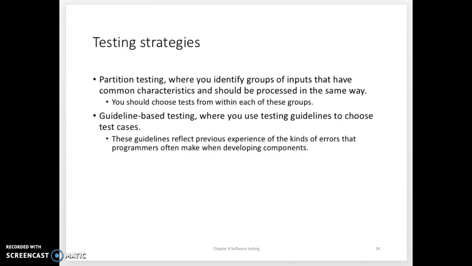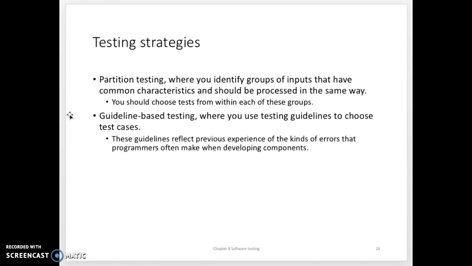And then we could apply testing strategies. We have two here: partition testing, where we identify groups of input that have common characteristics. For example, all the inputs that require personal data, and all the inputs that require, let's say, material data.